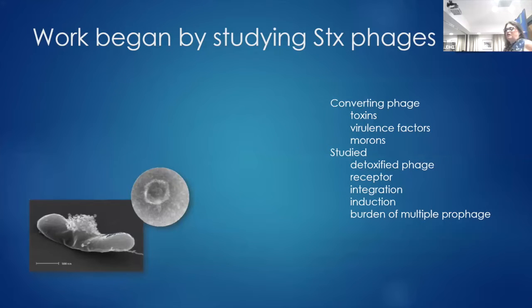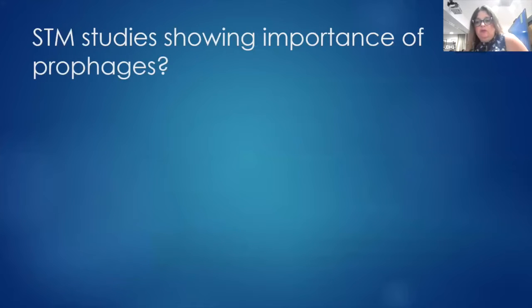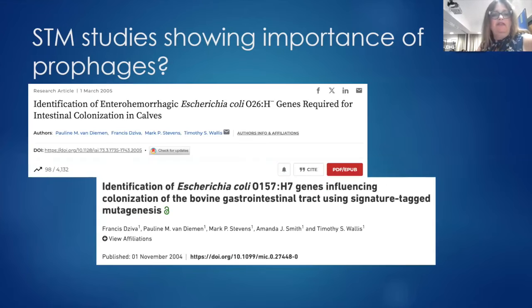And we got sort of sidetracked by some interesting papers. The first two were from Tim Wallace's group. I remember right before these papers were published, he made a trip to Liverpool, and I had the opportunity to speak to him.